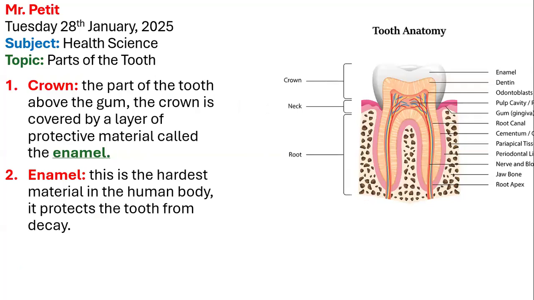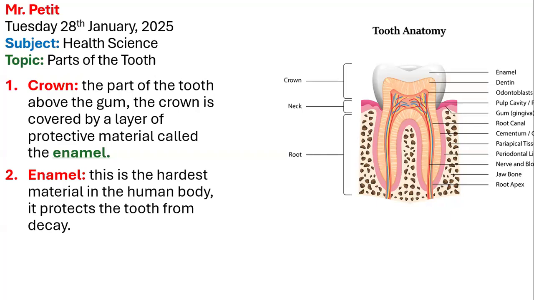Enamel. This is the hardest material in the human body. It protects the tooth from decay. Very good. And Liliana, can you read the definition for enamel? Enamel. This is the hardest material in the human body. It protects the teeth from decay.